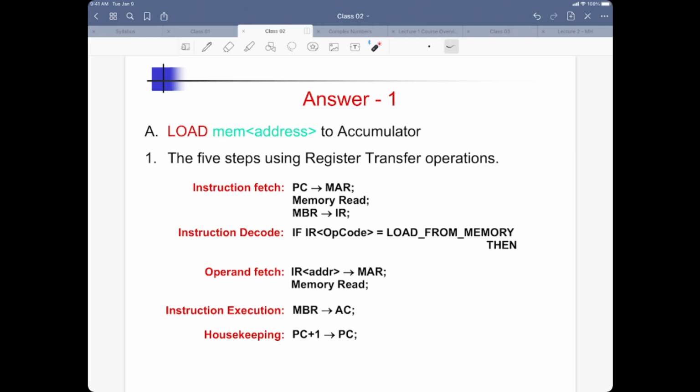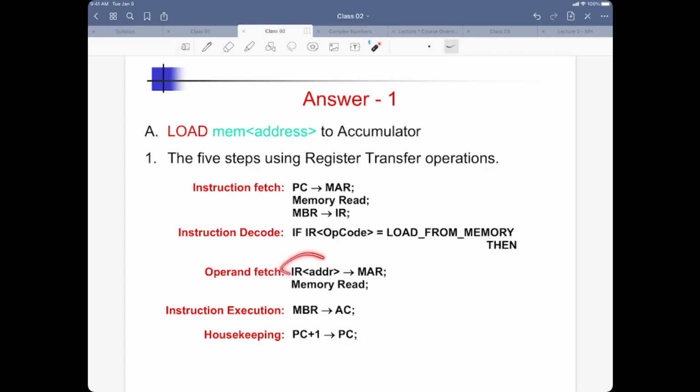Once we have decoded that instruction as load, then we are going to do the next 3 steps accordingly. Operand fetch: the instruction register has an address for the operand, the number you want to read from. You want to load to the accumulator from the memory. Tell me the address; I've given it to you in the instruction register.